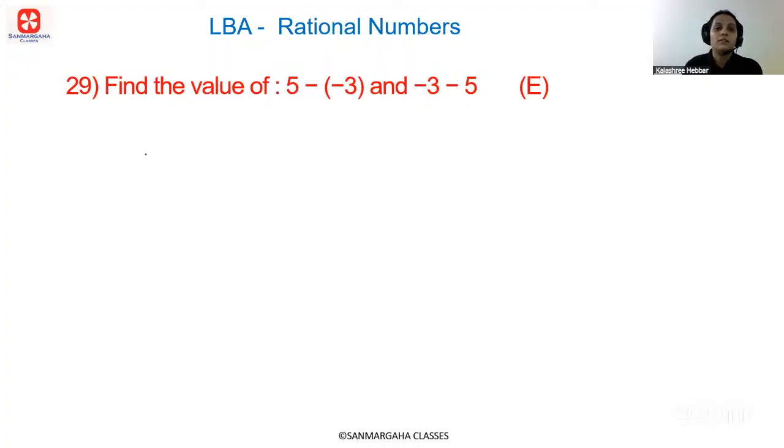Welcome to Sanmargaha classes LBA Rational Numbers question number 29. Find the value of 5 minus of minus 3 and minus 3 minus 5. Okay, so let us consider 5 minus of minus 3 is 5 plus 3, that is 8.